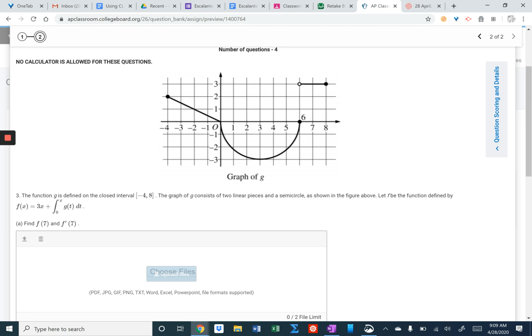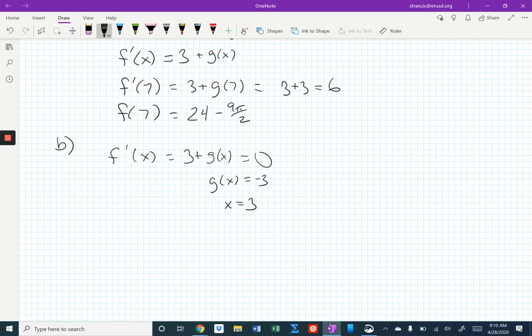So f prime is not going to be undefined because it's just 3 plus g. There's only one place where f prime equals 0, and that's at 3. It's an endpoint. So really all we have to do is test the endpoints, compare their values, and see which one's the biggest, and that will give us our x-coordinate. So we find f of 3 and f of -4 and see which one's biggest.